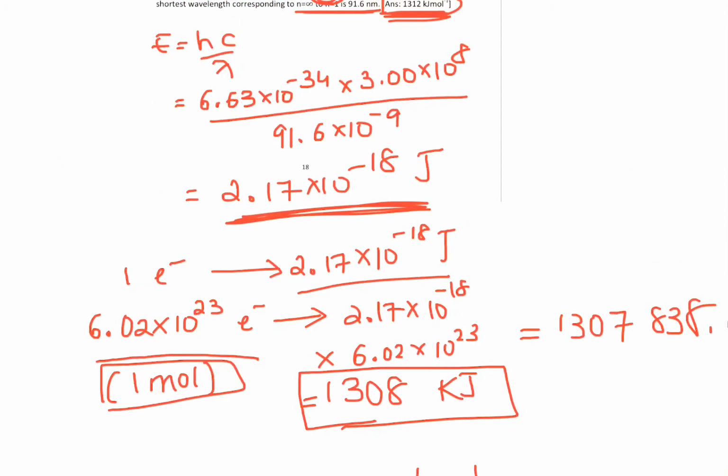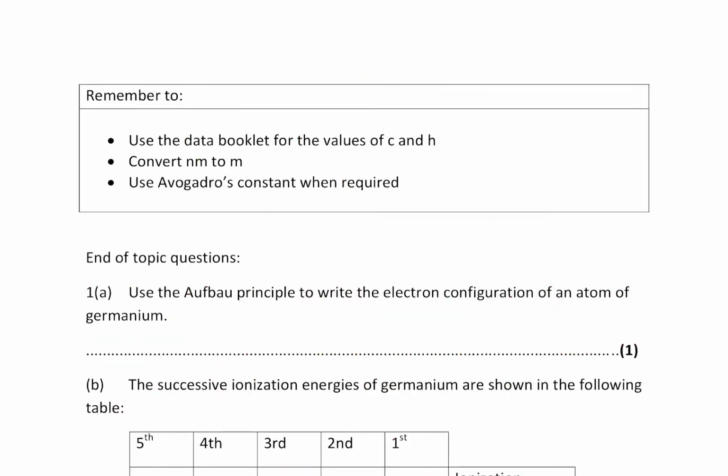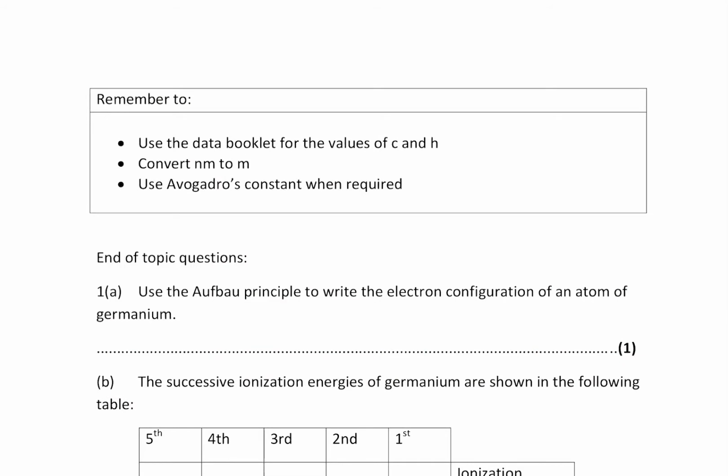Okay, so these are the calculations, and when you're doing these kind of calculations, always make sure that you check the data booklet for the values of H and C, and that you convert all the values of wavelength to nanometers, and that you use Avogadro's constant when required.